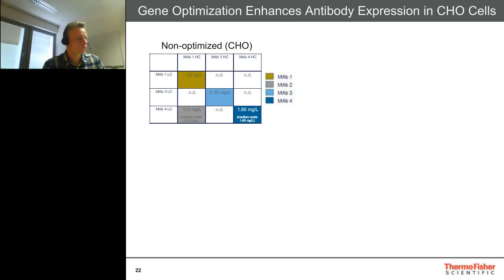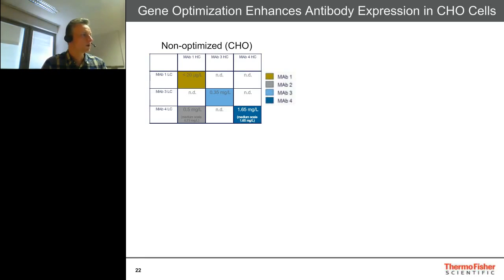Now we have done several hundreds of projects in the past, and I wanted to show you some examples so that you can see what is possible and what can be the outcome. This is basically customer data. They did the expression and purification and sent us the data. This is what they had in-house with the non-optimized genes in CHO cells.